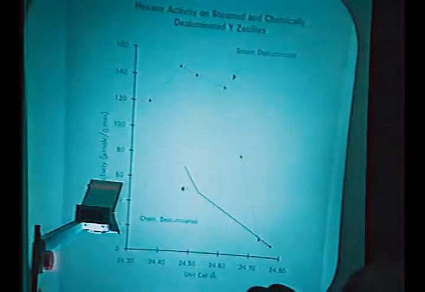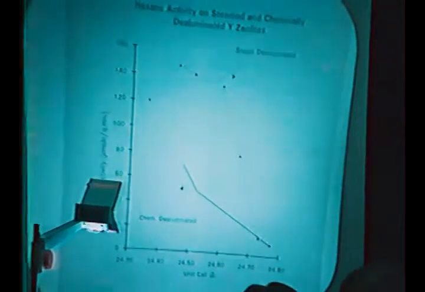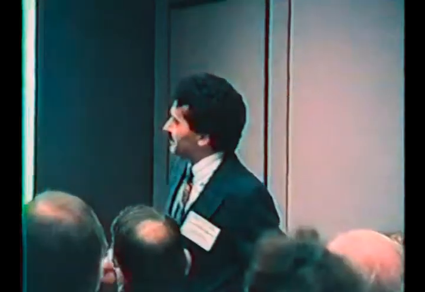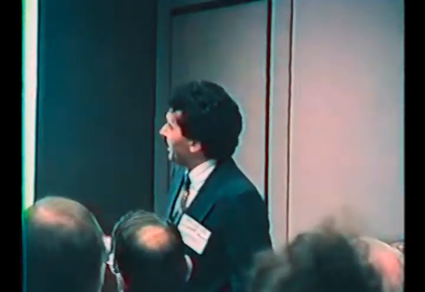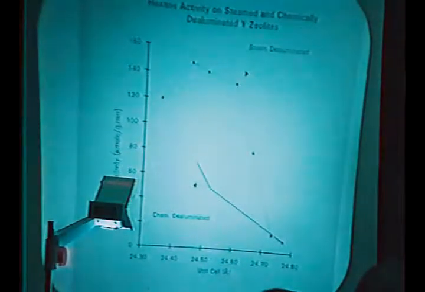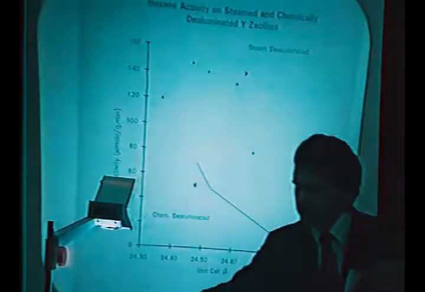Now, it was obvious from the previous slide that the differences between these two were not due to the total acidity. So if we thought that this is directly related to strength, we could come up with a strength index from these data, combining total acidity with hexane cracking activity data.